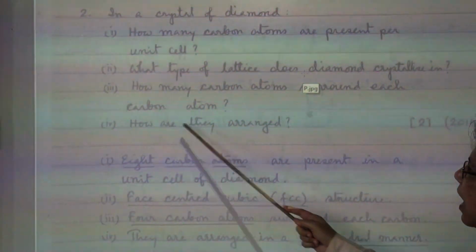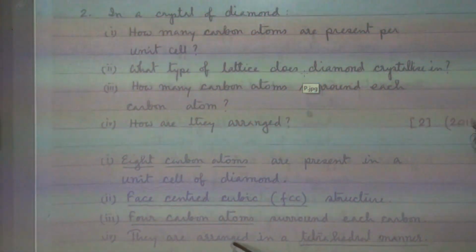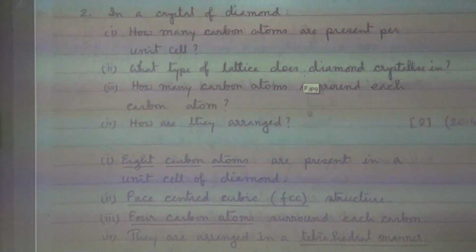And how are they arranged? They are arranged in a tetrahedral manner. Now, why do we call it face-centered cubic?